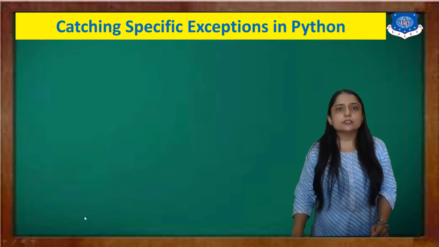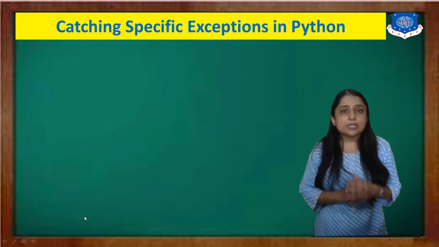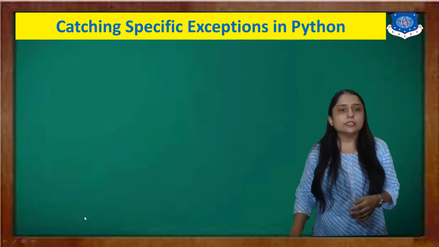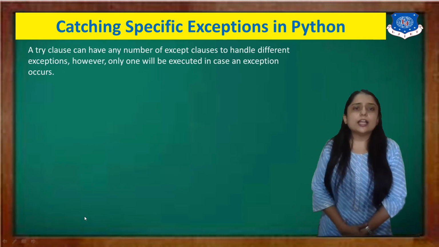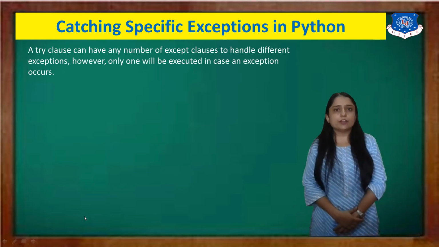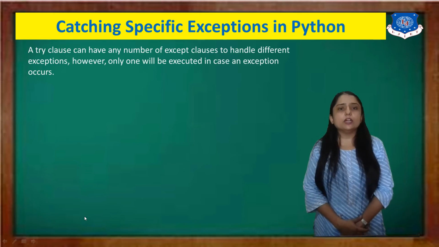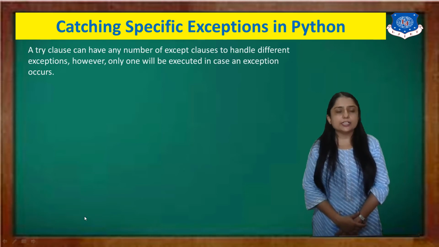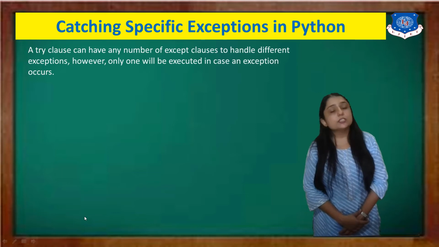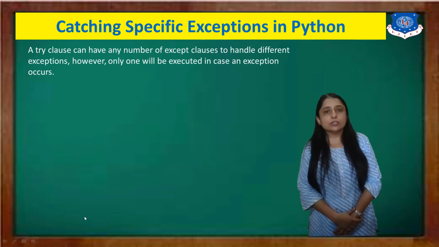Now next is catching specific exceptions in Python. See here, a try clause can have any number of except clauses to handle different exceptions. However, only one will be executed in case an exception occurs. See what we have discussed.